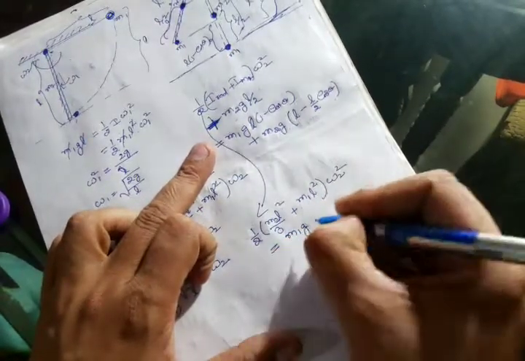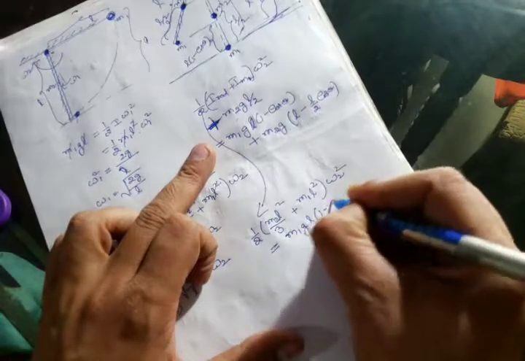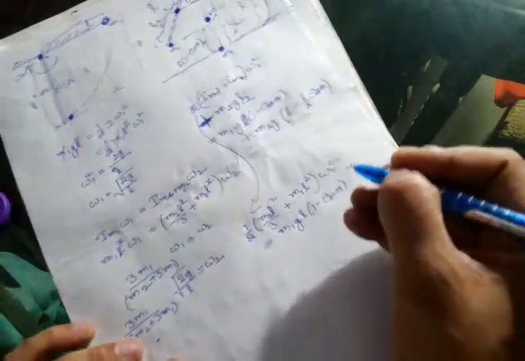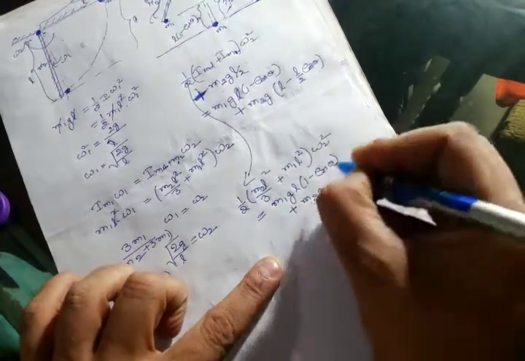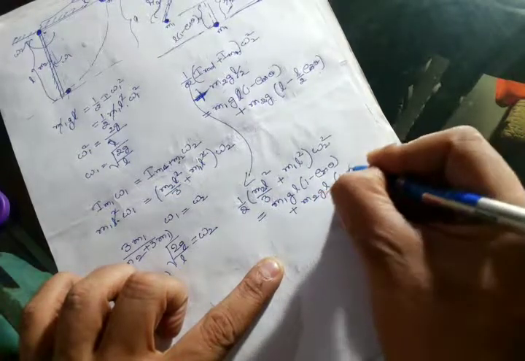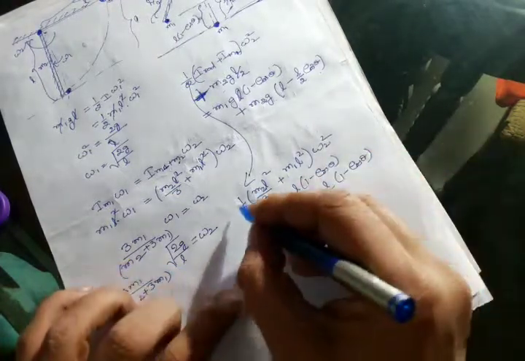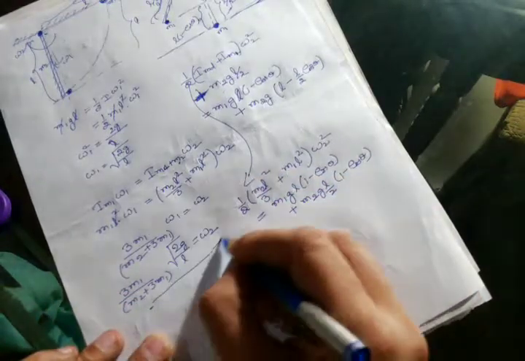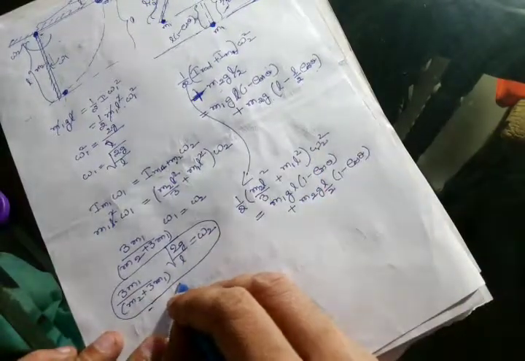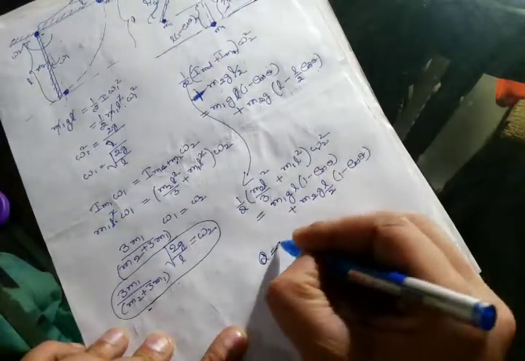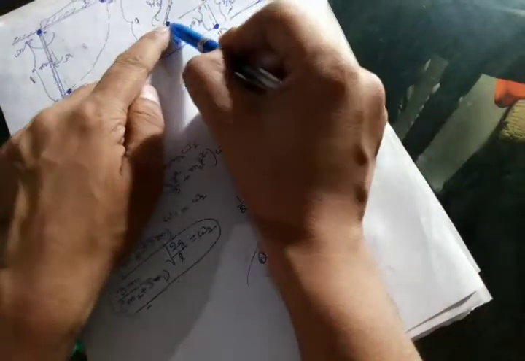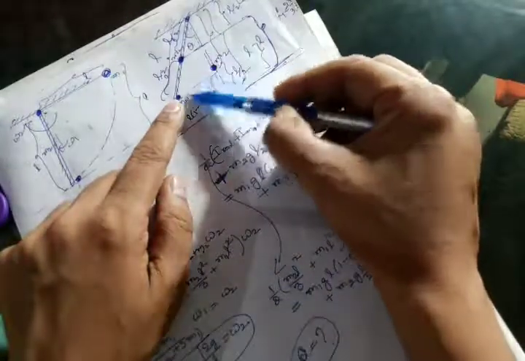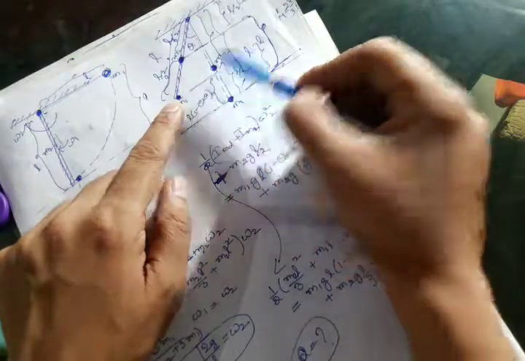So m1 g L (1 minus cos theta) plus m2 g L by 2 (1 minus cos theta). So when we substitute omega 2 from here to here, we can calculate the angle theta. At this particular angle, this is the maximum height that can be attained by this rod after collision. Thank you.